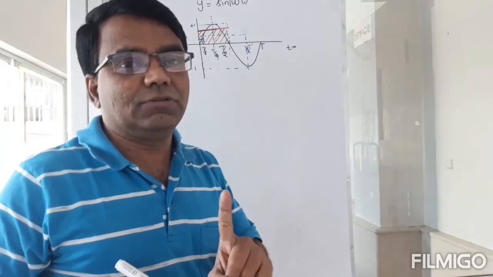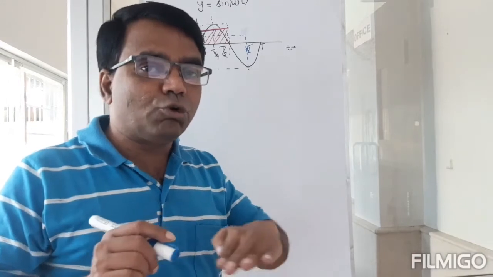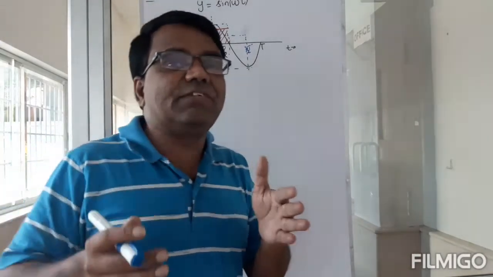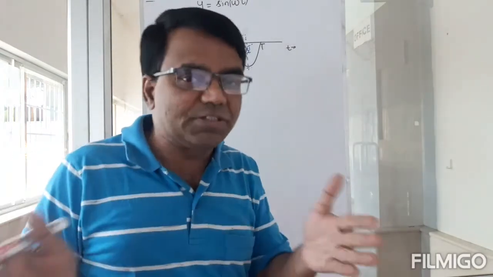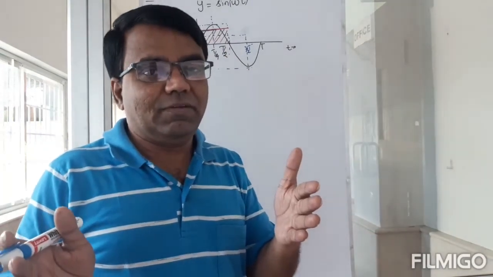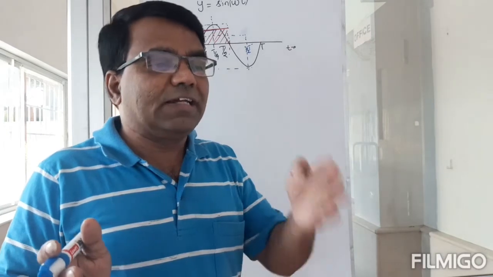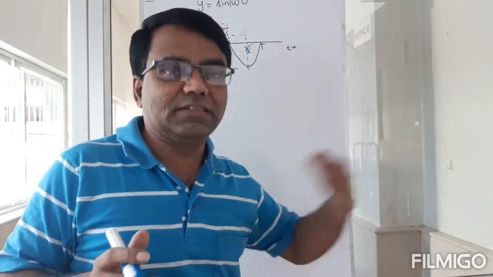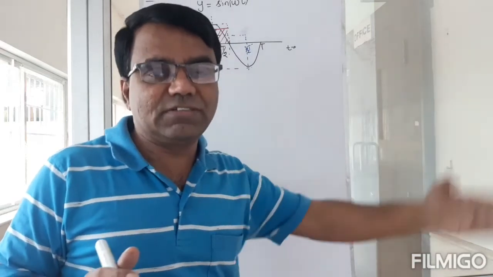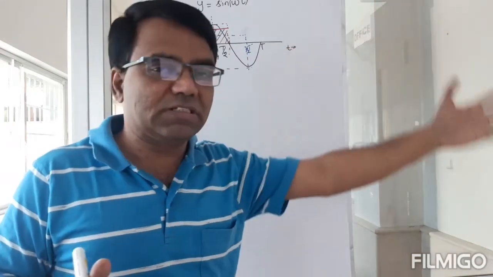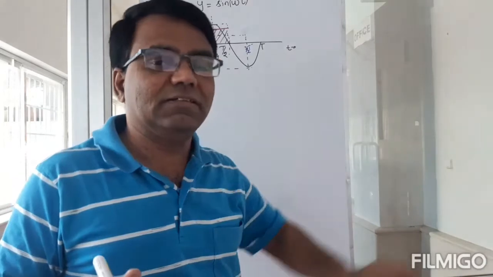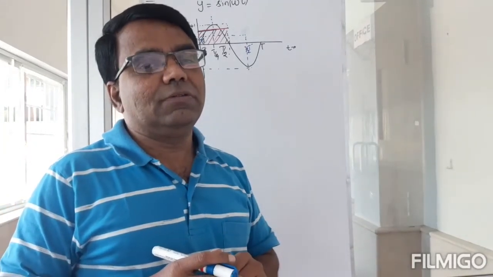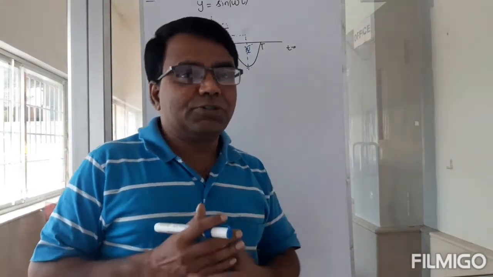That's important. The average value over one cycle is 0. If you take the average value over less than one cycle, it won't be 0. So for every multiple of that cycle, 1 cycle, 2 cycles, 3 cycles, 4 cycles, 5 cycles, 6 cycles, 1000 cycles, 1 million cycles, the average value will be 0. I want you to understand this.